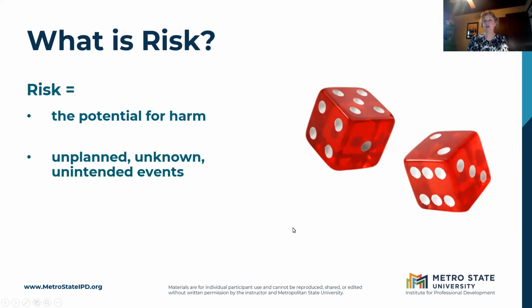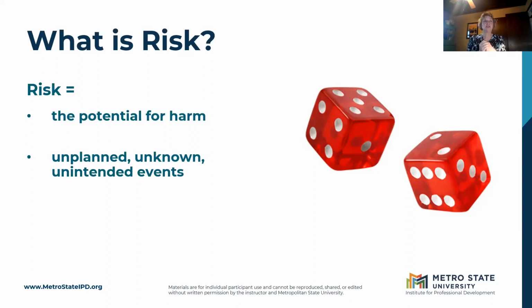But if we look more at a dictionary definition of risk, really, it's unplanned, it's unknown, and unintended in events. So a lot of the uns. So risk means it's maybe not black and white. There's some gray area there. You can't predict the future, so you don't know what's coming. And sometimes, and you've probably heard this phrase, risk leads to opportunity, or challenges lead to opportunity.